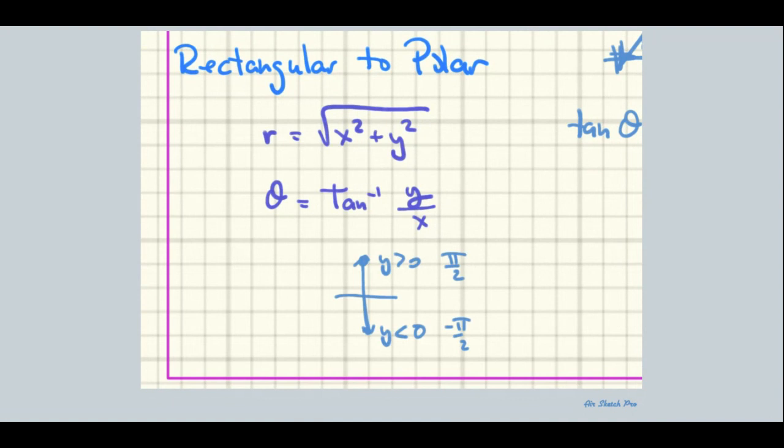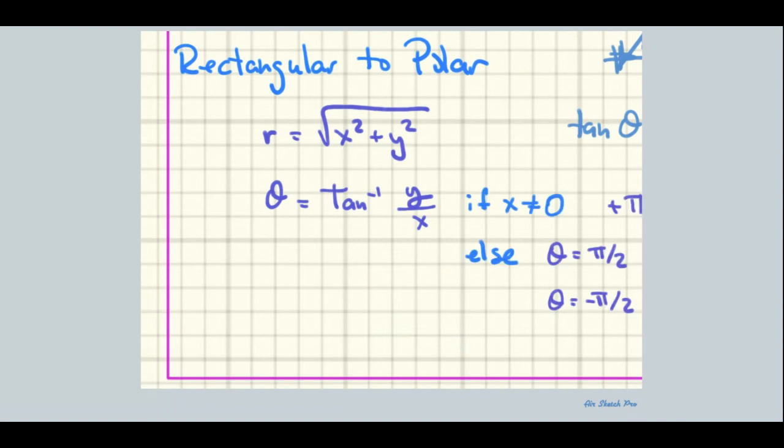So we can handle the spot where x is 0, that is, where we're on the y-axis, fairly easily. That's the easy problem. If x is 0, we're on the y-axis, and either we're above, in which case the angle is 90 degrees, or we're below, and the angle is negative 90 degrees.